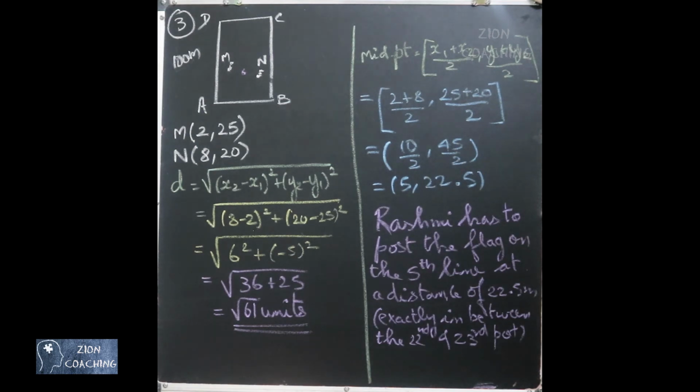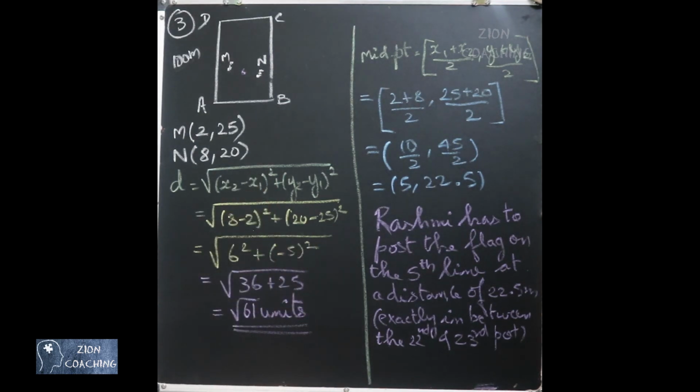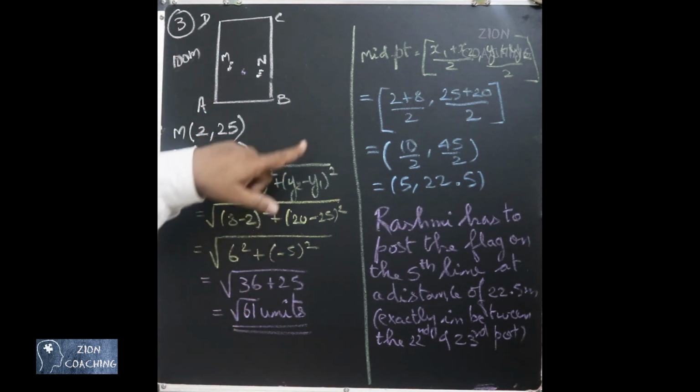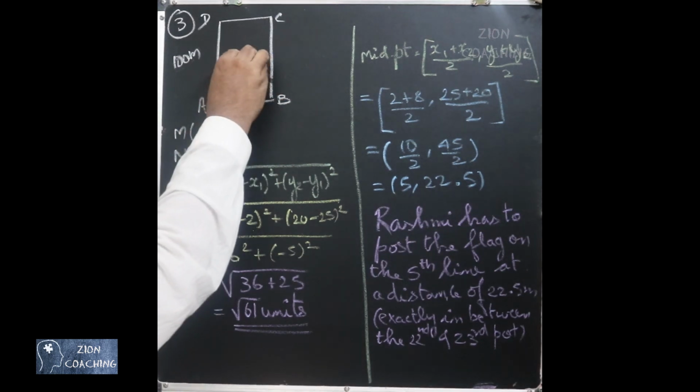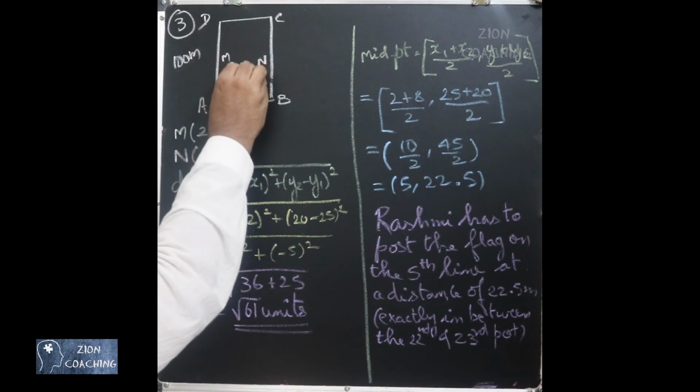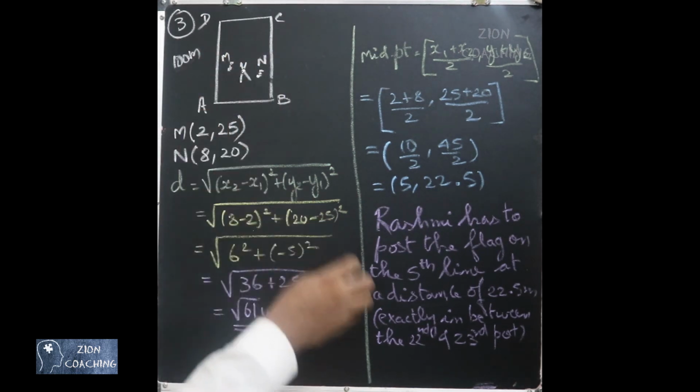Now we have used a formula there. That formula alone I will explain to you, how you got the midpoint formula. I did not want to explain in between because it will disturb the flow of the problem. Now you have understood both the answers. The distance between the flags is root 61 units, and the coordinates of the point at which she has to put the blue flag, this point in between M and N, we have found.